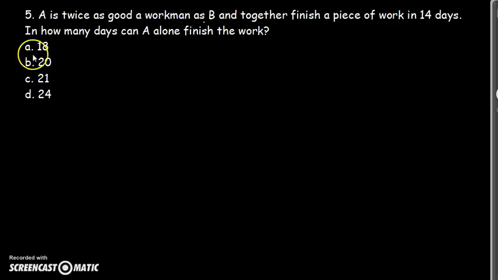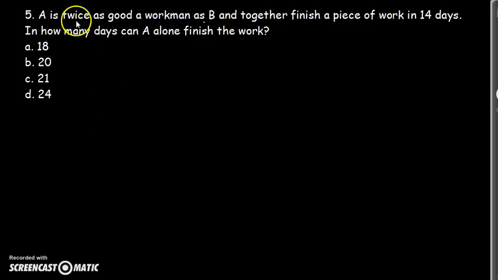Let us take the fifth question. A is twice as good a workman as B and together finish a piece of work in 14 days. In how many days can A alone finish the work? So we read about efficiency in the last question.